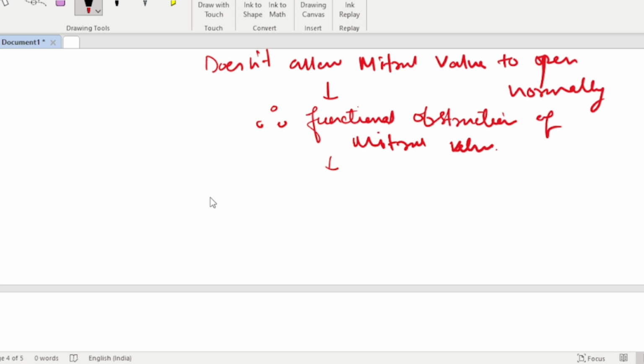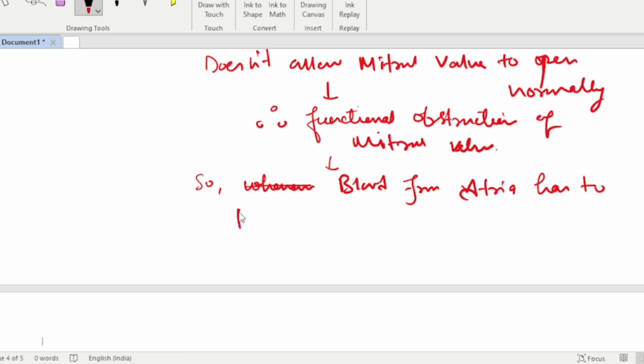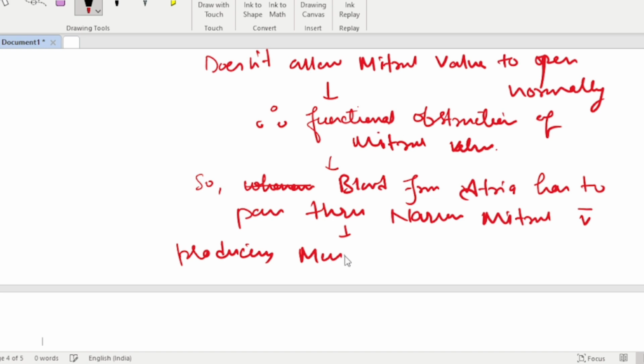Now whenever blood from the atria has to pass through the narrow mitral valve, it produces an additional sound, a murmur, which is known as the Austin Flint murmur.